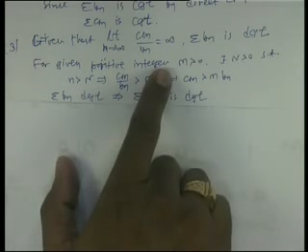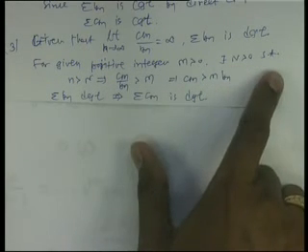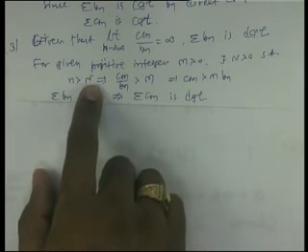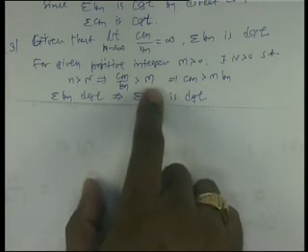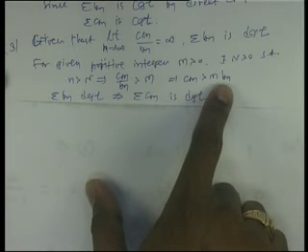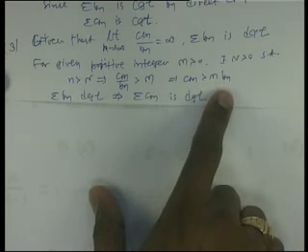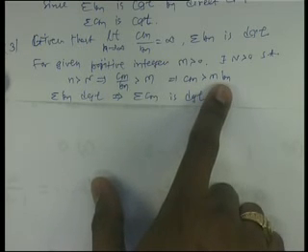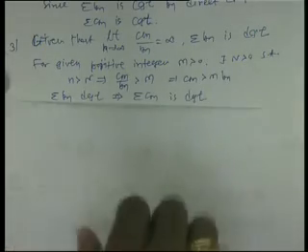For a given positive integer M greater than 0, there exists some N greater than 0 such that for all n greater than N, a n by b n is greater than M. This gives us a n is greater than M b n. By this inequality and by the comparison test, since sigma b n is divergent, we can say that sigma a n is divergent, right?